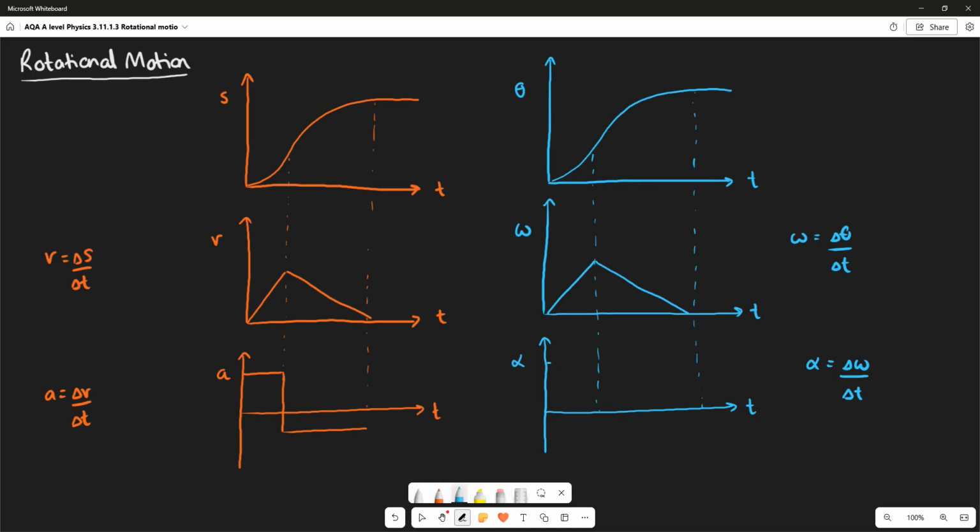We have a high positive gradient, which then becomes a negative value. So as you can see, for circular motion, the motion graphs behave in the same way as they do for linear motion.